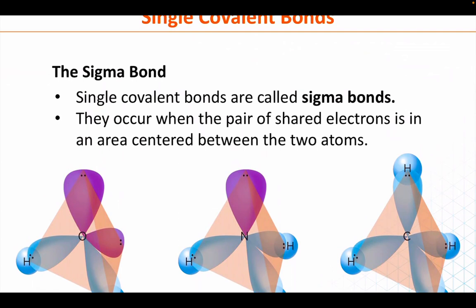There's also pi bonds, but we're going to just talk about sigma really briefly. So here, each of these bonds, those lines, are sigma bonds, versus if I had oxygen double bonded to itself, that's a non-example of a sigma bond.